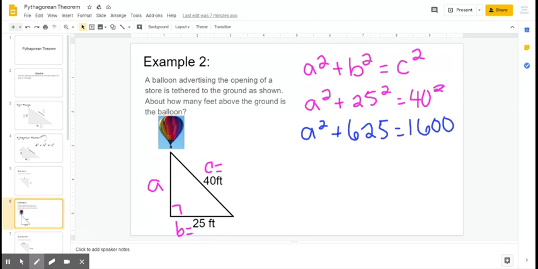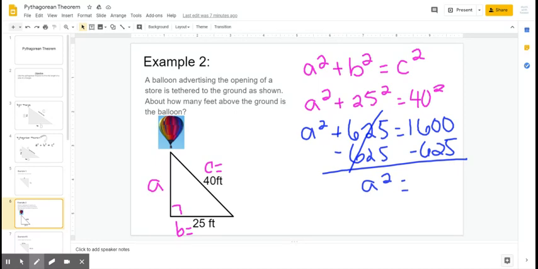Okay, and I'm just going to solve this like any other equation. So minus 625. Whatever you do to one side of the equation, you have to do to the other. And you end up getting a squared is equal to 1,600 minus 625, which gets you 975.